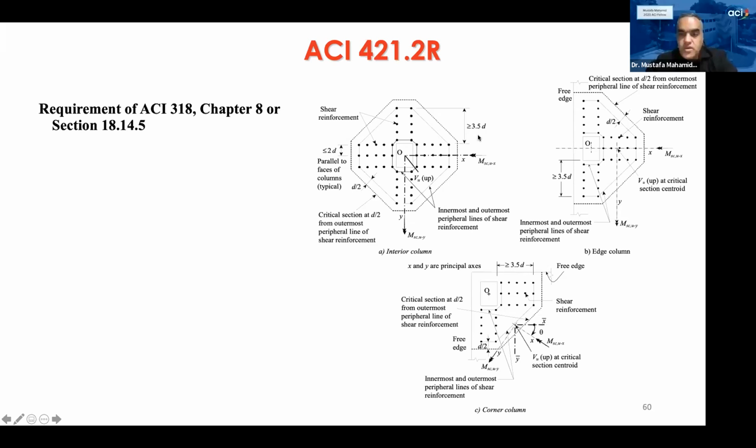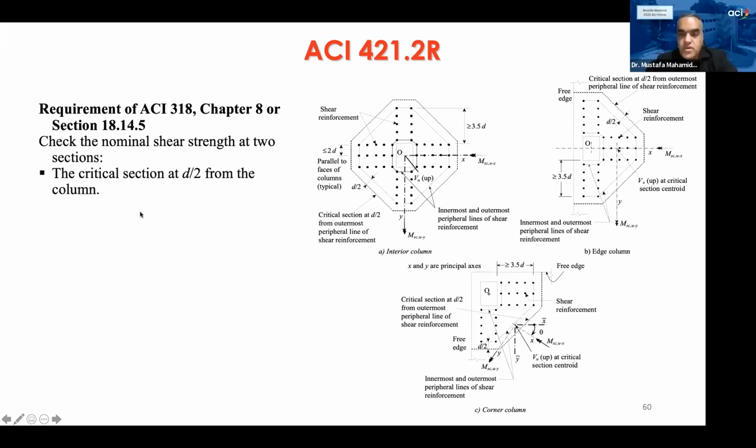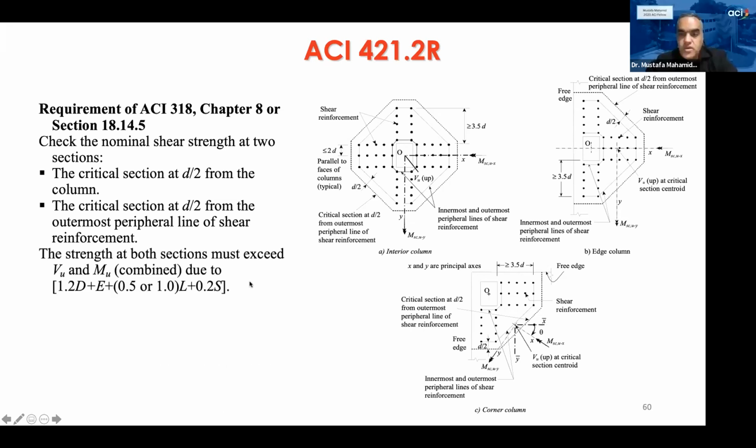So what's required for the distribution of the shear reinforcement is shown in this figure here. We talked about the critical section, D over 2 from the outermost peripheral, we talked about that. The strengths, VU and MU, are calculated according to this load combination.